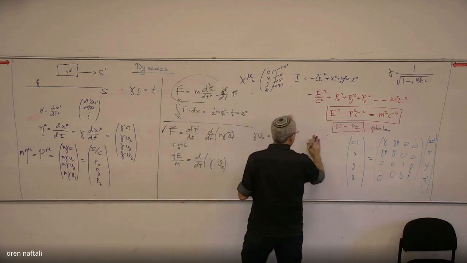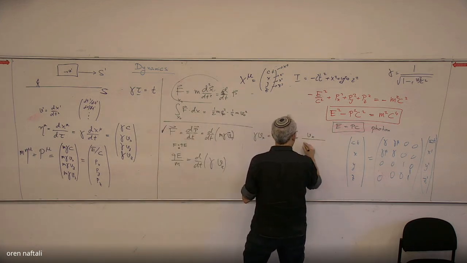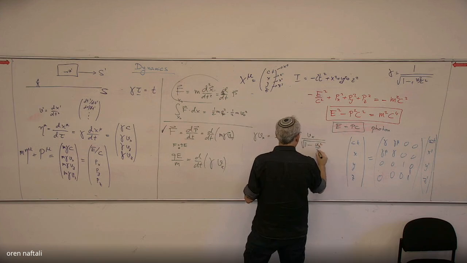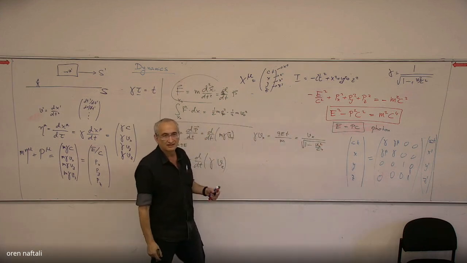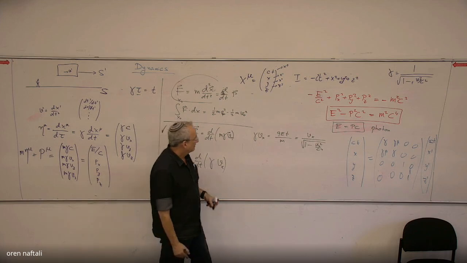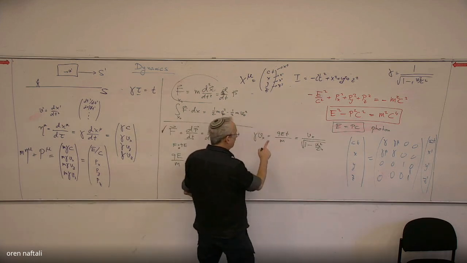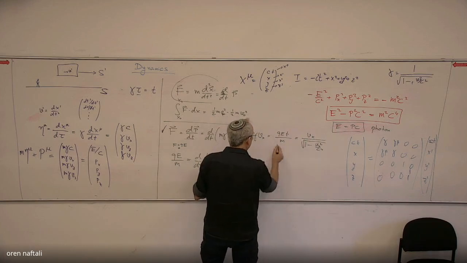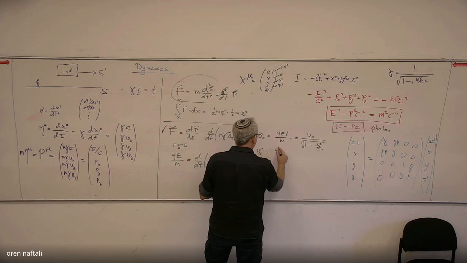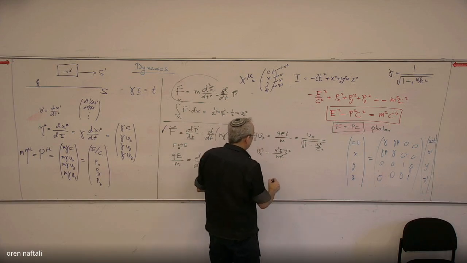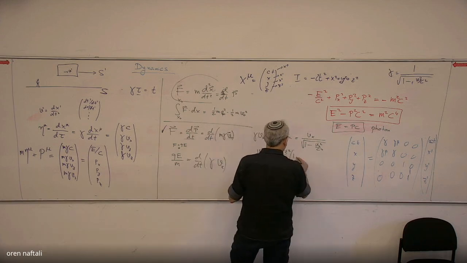But what is gamma Vx? Gamma Vx is Vx divided by the square root of 1 minus Vx squared over c squared, assuming no velocity in the y and the z direction. Now we want to solve for Vx as a function of t. So we can write Vx squared as q squared E squared t squared over m squared times 1 minus Vx squared over c squared.